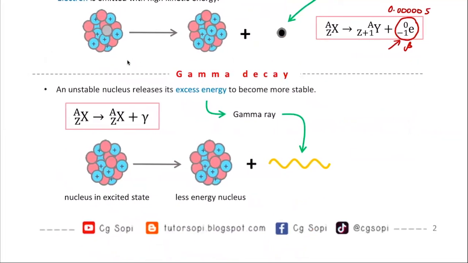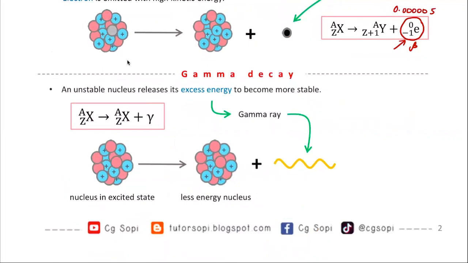Now gamma decay, it doesn't involve particles. It doesn't involve alpha particle or beta particle, but it is a ray. So it doesn't have any charge and it doesn't have any mass because it is only a ray.